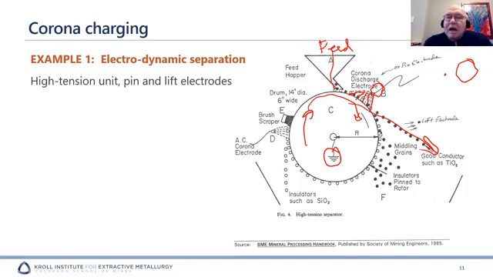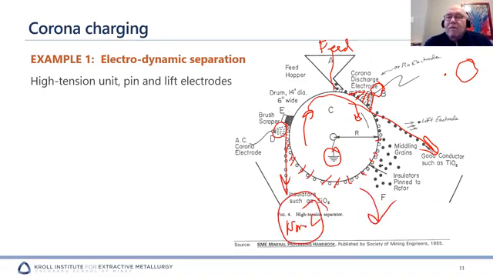The non-conductors are pinned against the drum, and they come around here, and eventually they'll get up here, and they may go through an alternating current corona electrode, but certainly they get brushed off and they fall down. So we have the insulators or the non-conductors here.